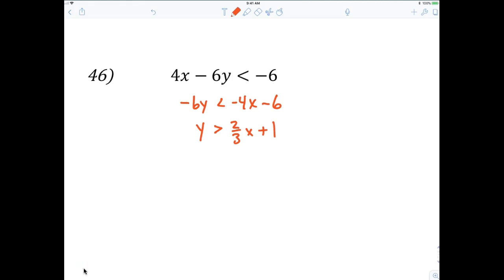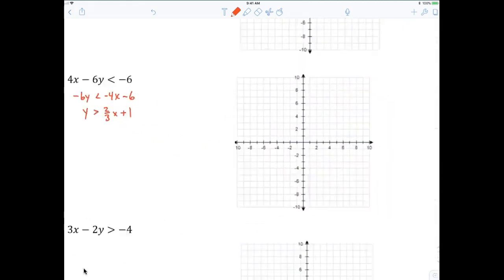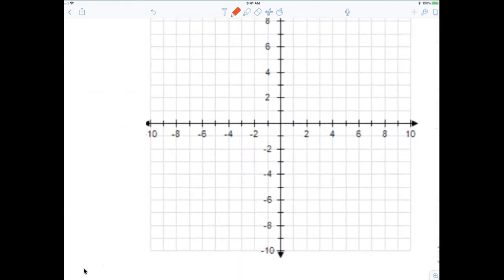So now we have to do what? What do I have to do? Oh, 1. I had already done that on my paper. Sure. Go up 1, plot a point. Now from there I go up 2 over 3.